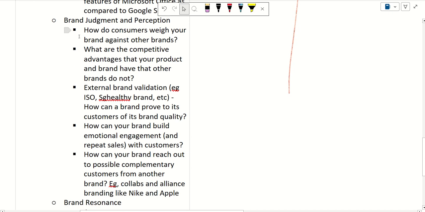Next, brand judgment and perception. That's the next level. Beyond just differentiation, how do consumers actually weigh your brand against other brands? They make some rational or emotional judgment of it. Then we look at the competitive advantages that your product and brand have. If you think about AECS, what is its competitive advantage?